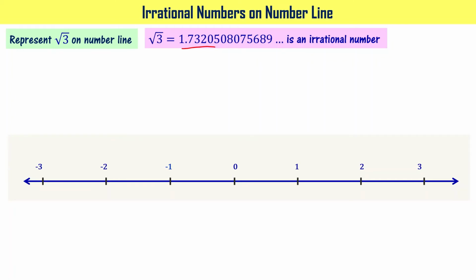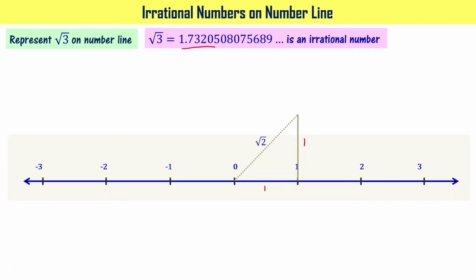Now to represent root 3 on the number line, I'm going to first start by drawing a vertical line of length 1 unit. You see, this is 1 unit, this is 1 unit, right? When you connect these 2 points, as we have seen earlier, the length of the dotted line is root 2 units. Got it?